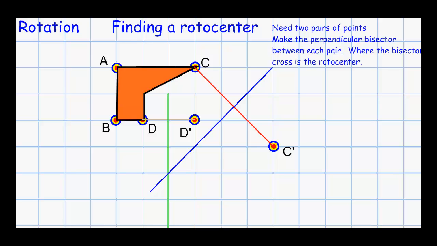Where those two lines cross now is the rotocenter O. And if we were to finish the picture here, there's the finished image with rotocenter O.